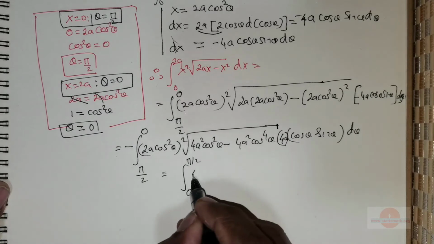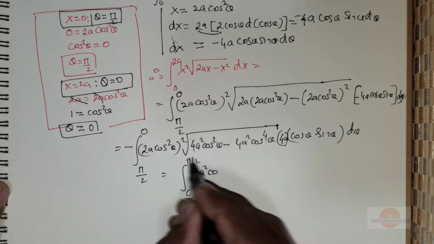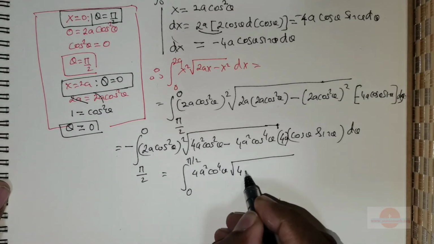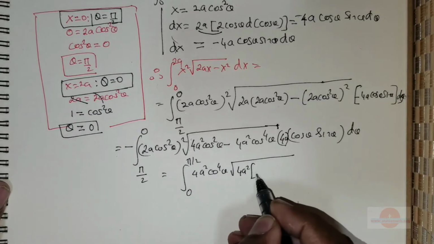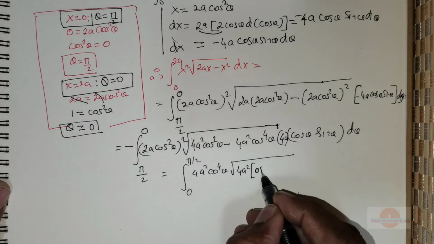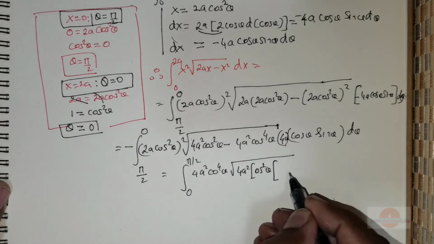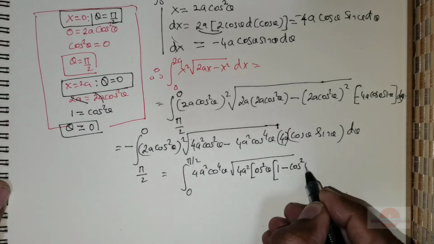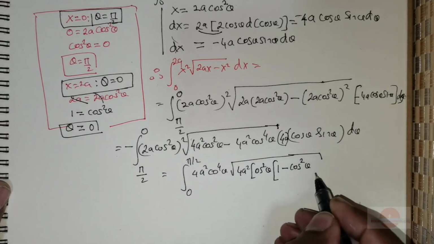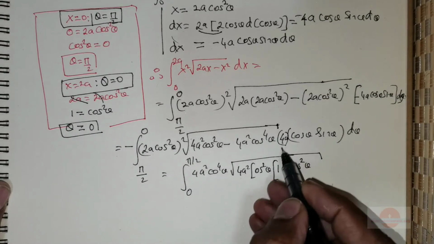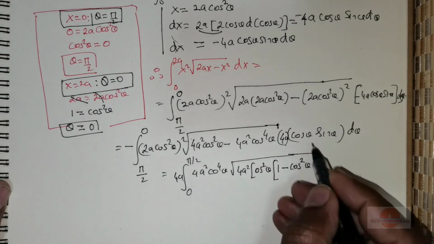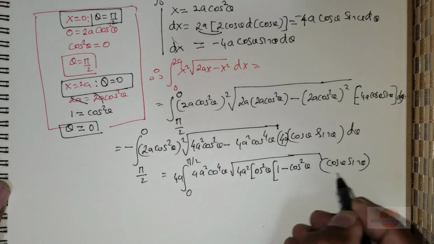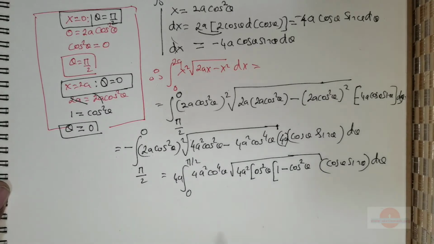I expand this, and I get 4a squared cos to the power 4 theta. The root of 4a squared can be taken out common. In fact I can also take out cos squared theta common, so that would give me 1 negative cos to the power 2 theta, times the 4a that I place here, and cos theta sin theta d theta.